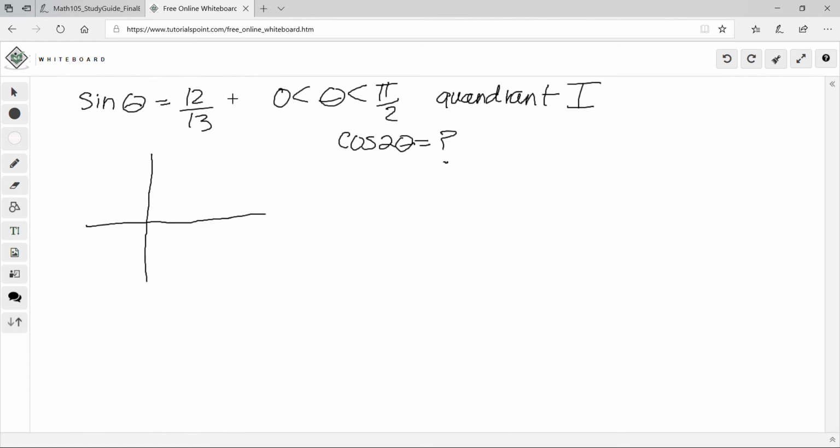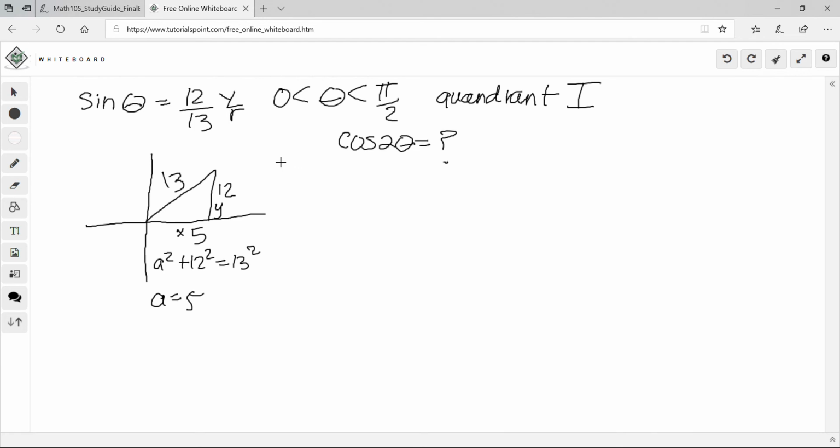Remember, sine is y over radius. So our y value is 12, and our radius is 13. If you did the Pythagorean theorem, a squared plus 12 squared equals 13 squared, you get a equals 5. So the x value is 5.